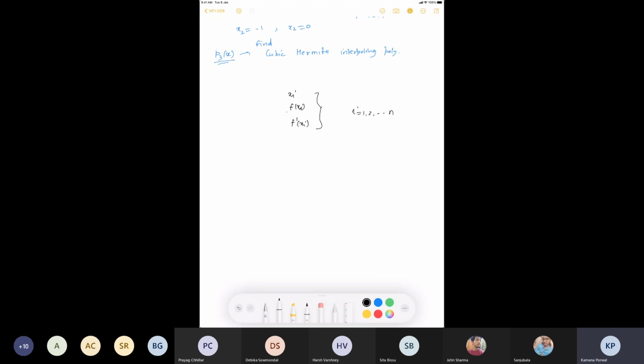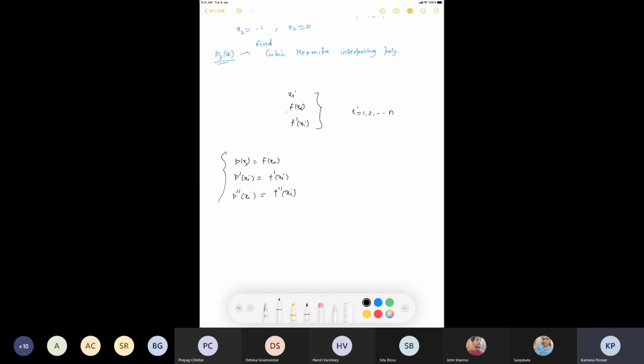Say you want to find a polynomial p of x which not only coincides with f of x at the xi's, but its derivative also satisfies p prime of xi equals f prime of xi, which we have already found. Now you can have the higher order derivative, say the second derivative. Suppose you demand such polynomials, or in fact, you can demand any of the derivatives that you want p of x to interpolate, not just f of x, but its derivative should interpolate the corresponding derivative of f of x. So you can apply the same idea that we have learned for the Hermite interpolation.